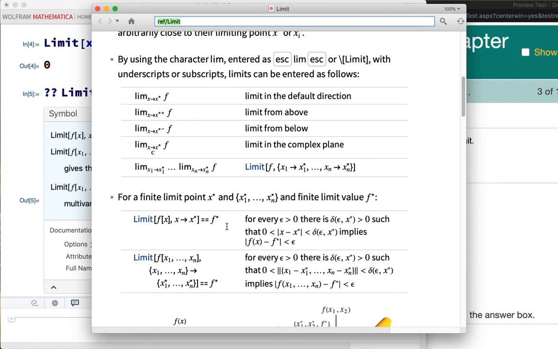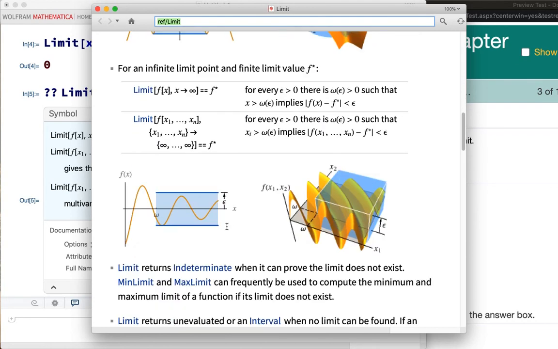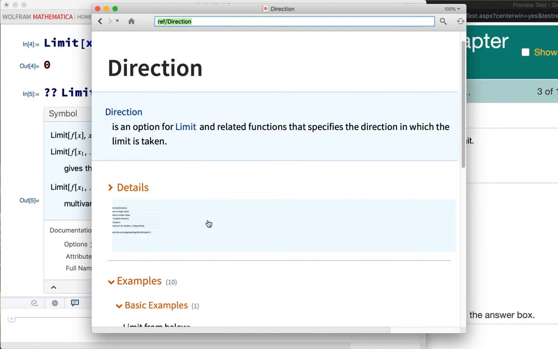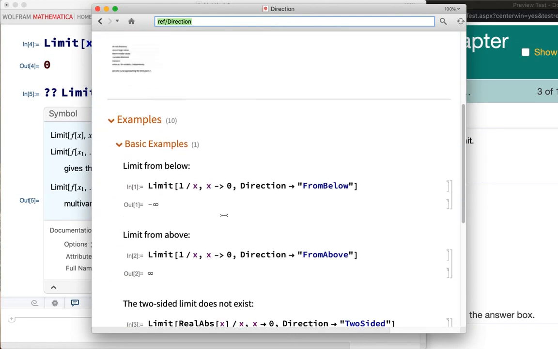However, I prefer the options. Let me see, here we go. Direction: directions to approach the limit point. Direction refers to the direction in which you are approaching the limit. So from below really means from the left side of the limit. From above means from the right side of the limit.